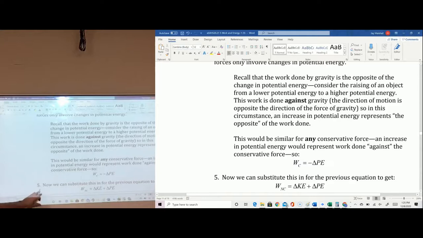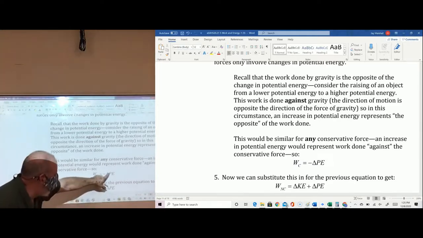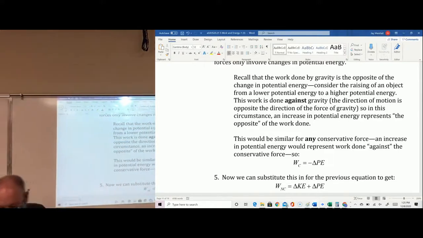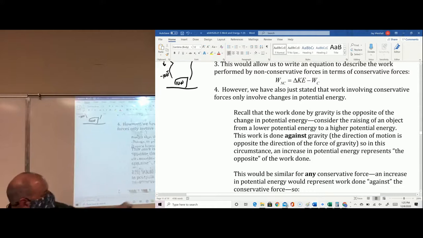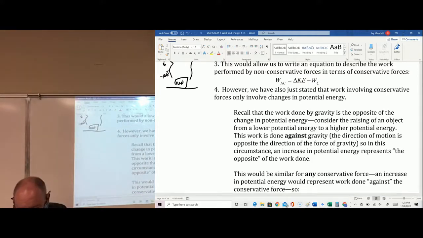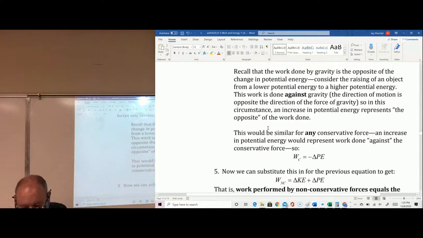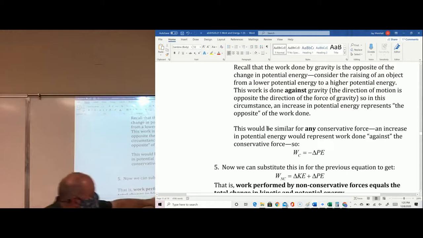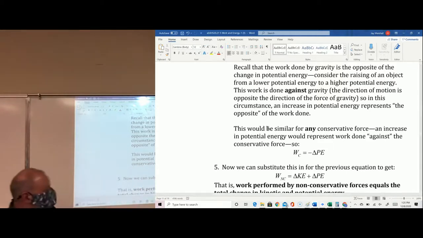So we can now substitute this in for the previous equation. We had negative WC over there, right? So we had delta KE minus the work of the conservative force. But since I can say that that's the opposite of the change of potential energy, that means this is added to it.